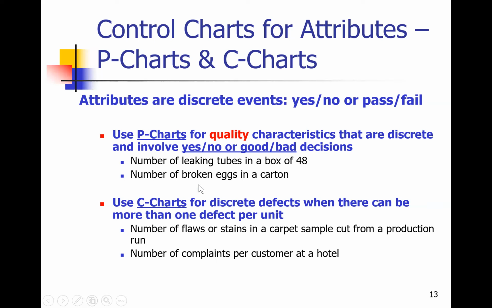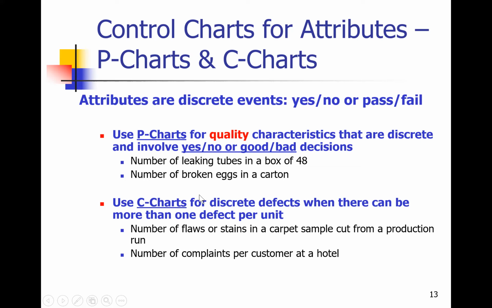See the number of leaky tubes in a box of 48. There are 48 tubes in a box, so you can count the number of leaky tubes. Similarly, the number of broken eggs in a carton. Broken eggs you can count, leaking tubes you can count. These types of issues are for a P chart.